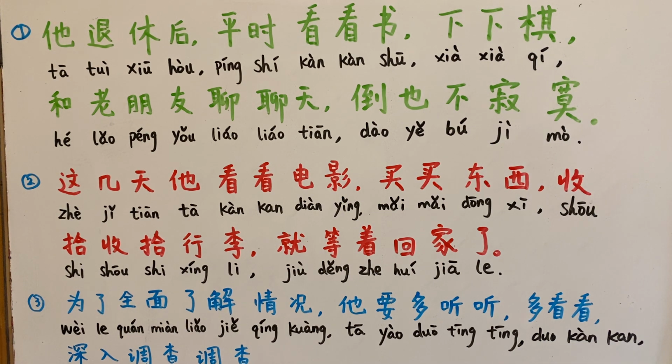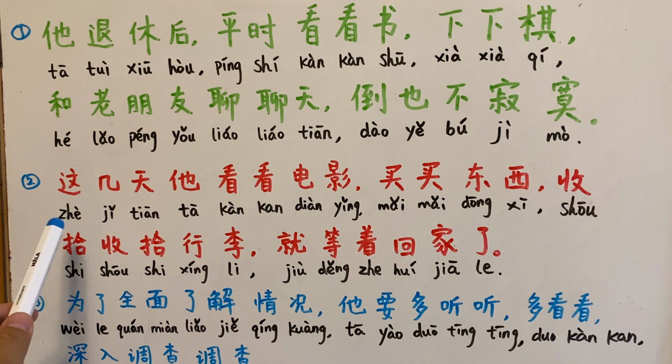Take it easy, right? You do that thing without hurry, no hurry in doing these activities. So this is the context or situation in using verb reduplications. That is the first situation we are talking about.